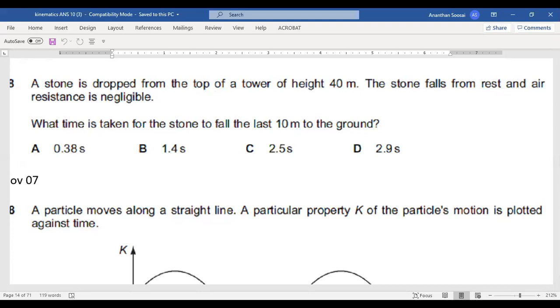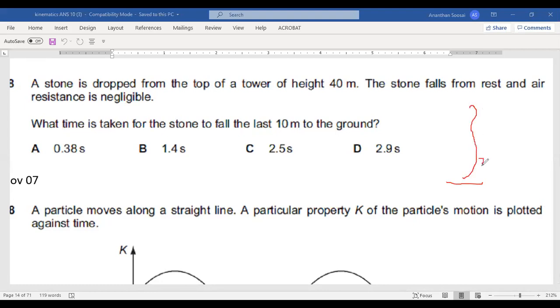Okay, put your answer in the chat. Hope everyone got the same answer. Okay, so 40 meter.